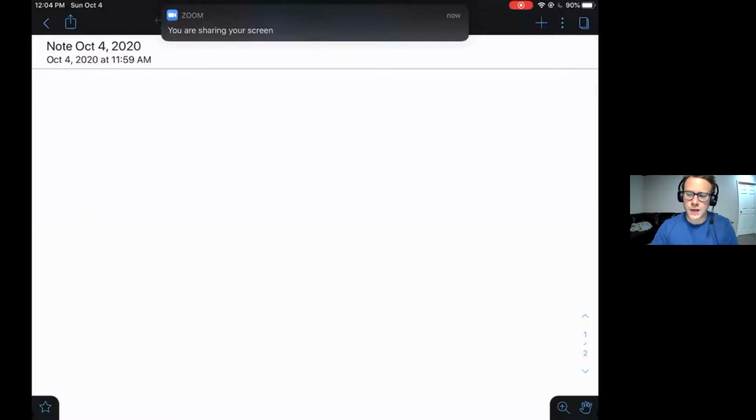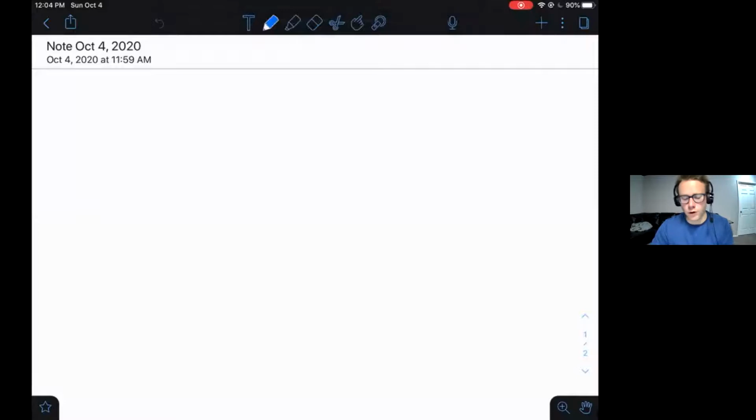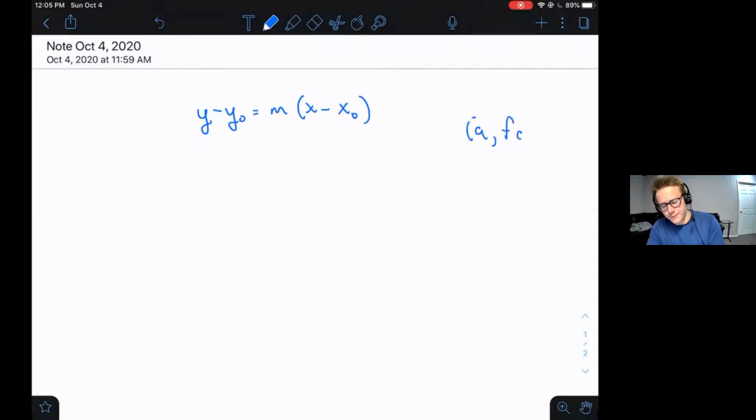So remember, the tangent line equation originally came from the point-slope formula. So you had something like y minus some y point is equal to m times x minus some x point. And then you say, well, this is actually on a function, and suppose that we're interested in the point a, f of a.